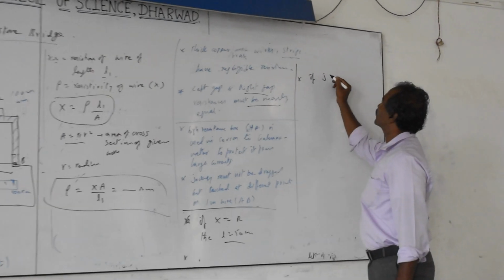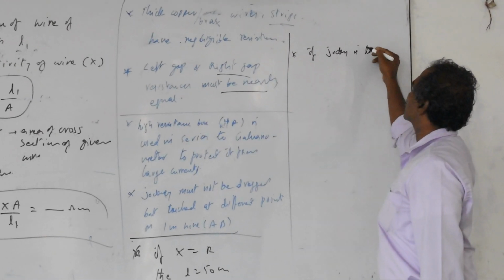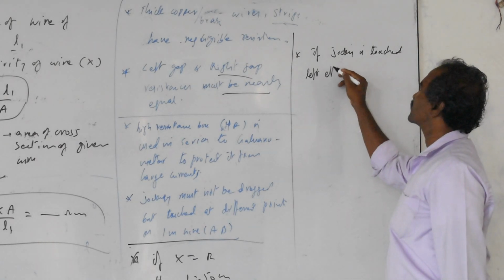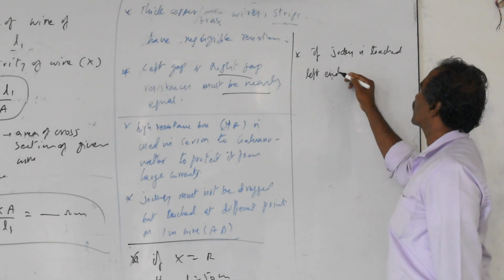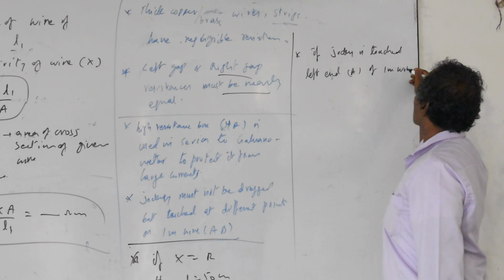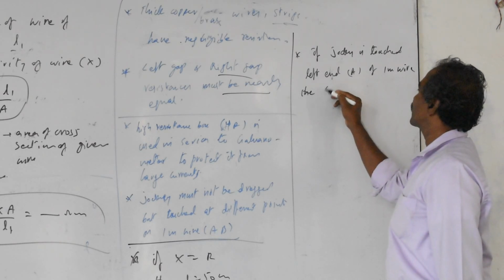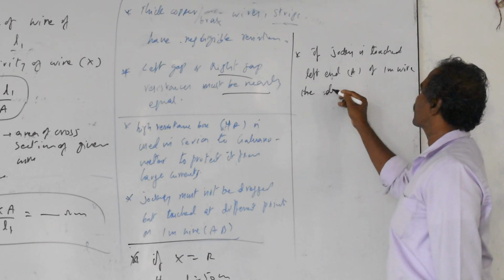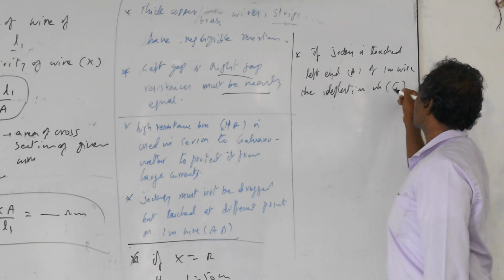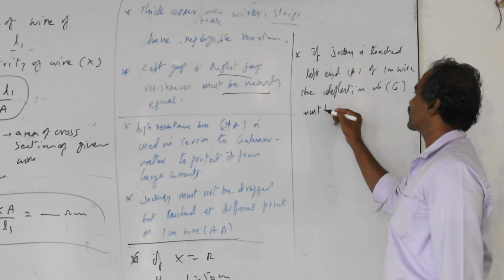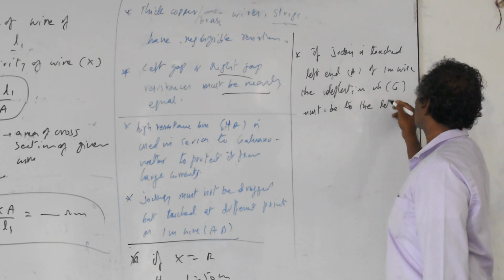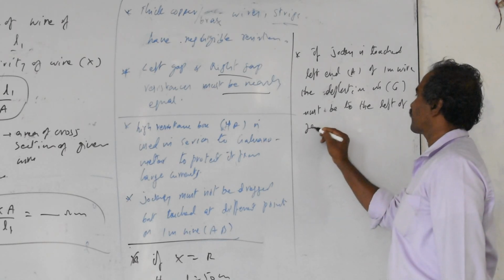If the jockey is touched to the left end of the 1 meter wire, then the deflection in G must be to the left of 0.